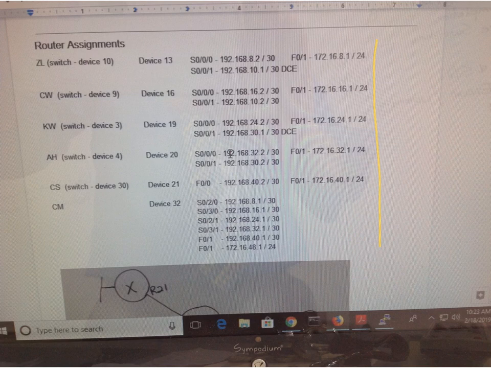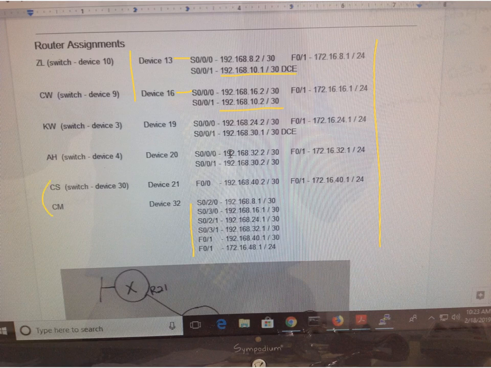As you can see here, these two devices are connected to each other. This is the connection between those devices. And this is the connection to the device in the middle, 32, which is this device down here.